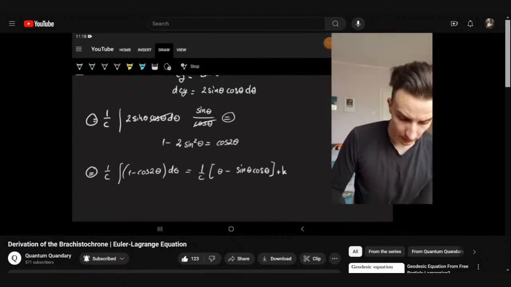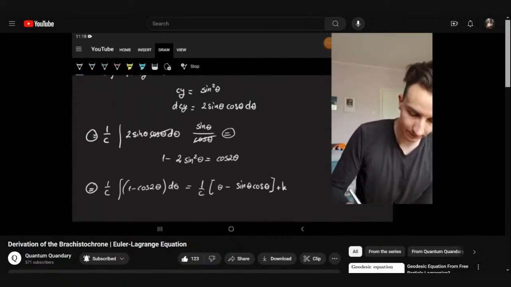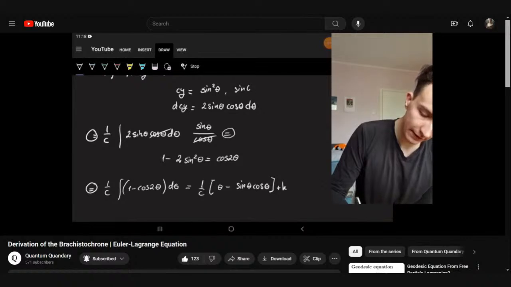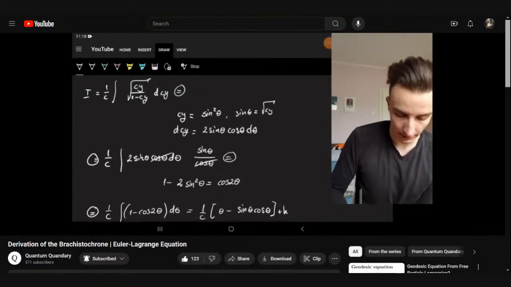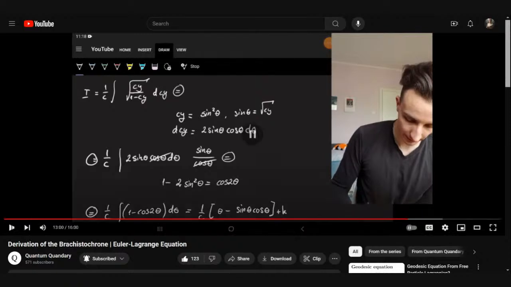In any case, so we have that sine theta is the square root of cy, and cosine theta. Okay, so cy was sine squared theta, right? So we solved it for theta, but now we need to solve it for x and y.